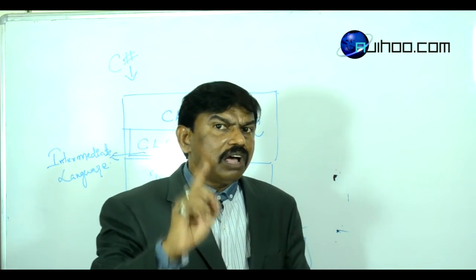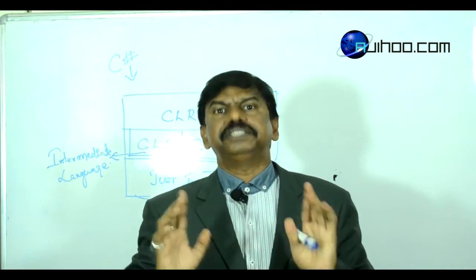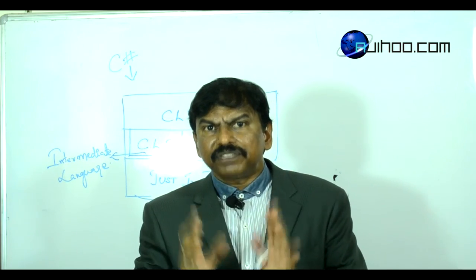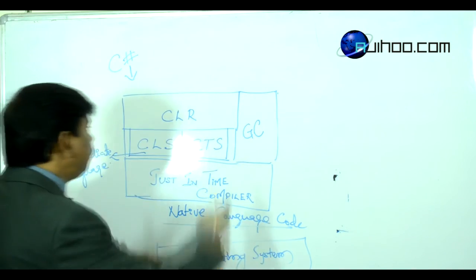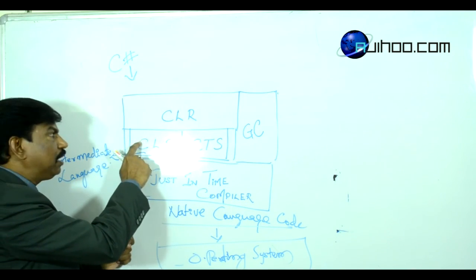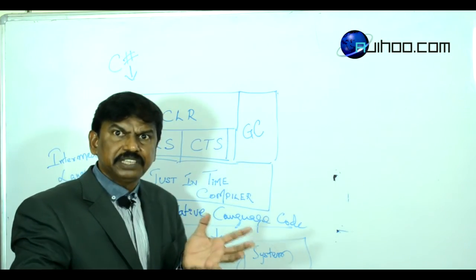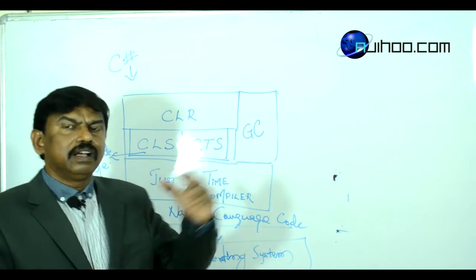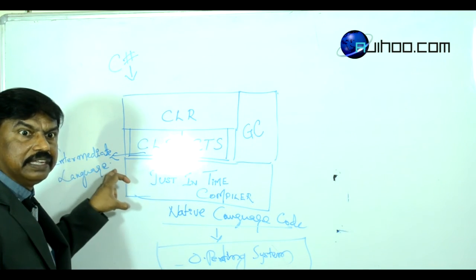This common language runtime will have Microsoft compilers. These Microsoft compilers will compile the C# language with the help of common language specification and common type specification. It will convert that C# code into intermediate language.